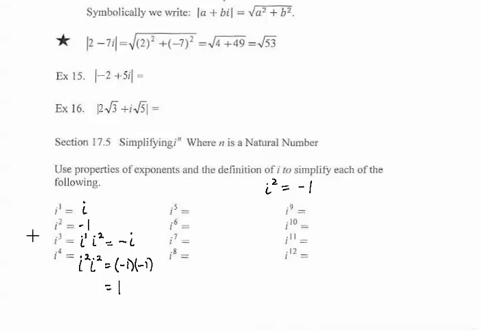Okay, so following this same procedure, breaking things up into i to the first and i to the seconds, you could work out the rest of them if you wanted to, but as I said, they are going to follow this pattern: i, negative 1, negative i, 1. i, negative 1, negative i, 1.